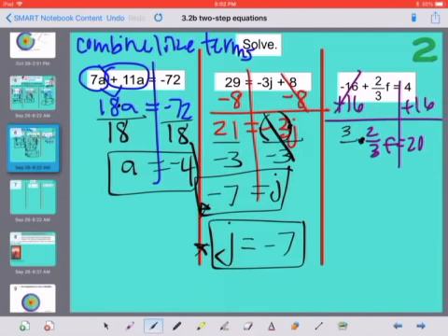We multiply by 3 over 2 times 3 over 2. 3 over 3 eliminates, 2 over 2 eliminates, because it's really 2 over 2 is 1, and 3 over 3 is 1. We could flip these around, it doesn't matter which one you multiply first.